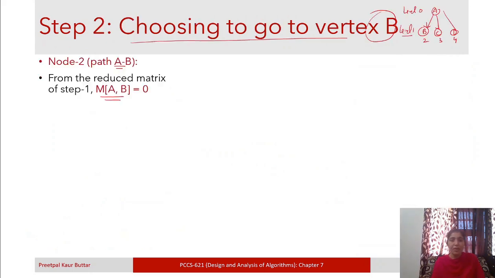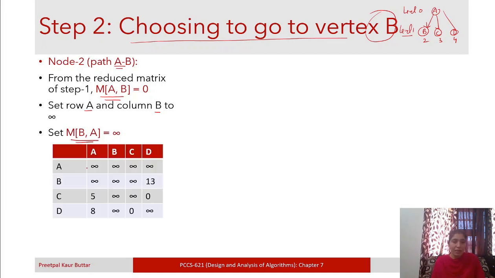Now we will create a new matrix in which we will set row A and column B to infinity, and this cell M of B comma A to infinity, right? So this will be the resultant matrix. So here we are setting row A to infinity and column B to infinity.